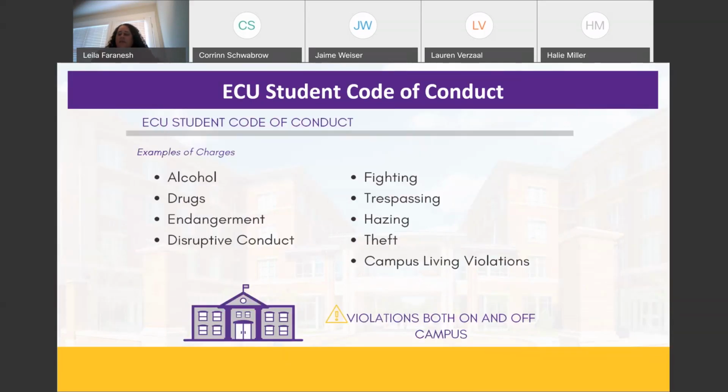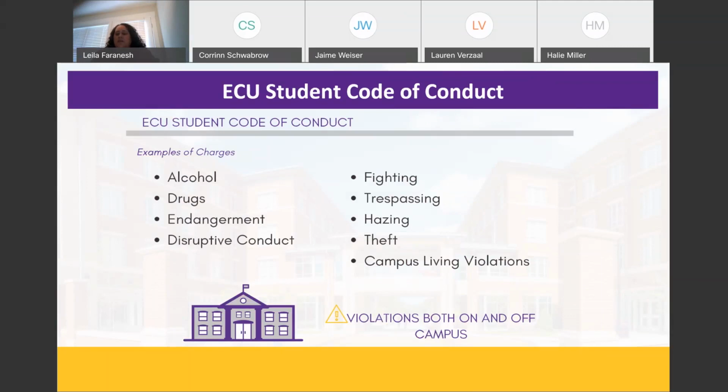We have 15 code charges that students are held accountable for. Some of them have subsets, or some of them tie back to other regulations from ECU. But our most common charges that we see are alcohol, drugs, endangerment, which usually involves drug distribution or fighting, or drunk driving or driving under the influence.